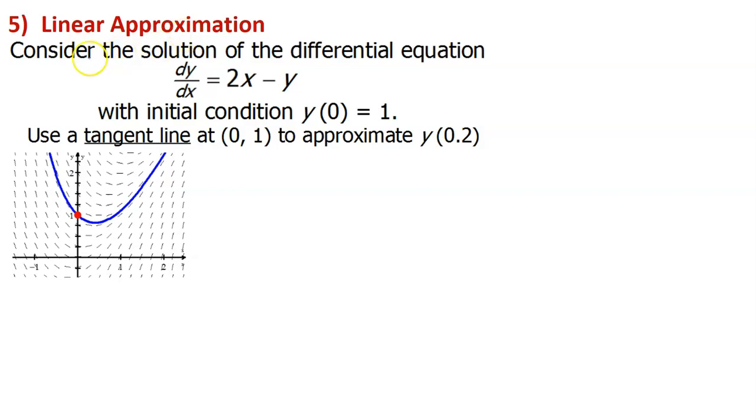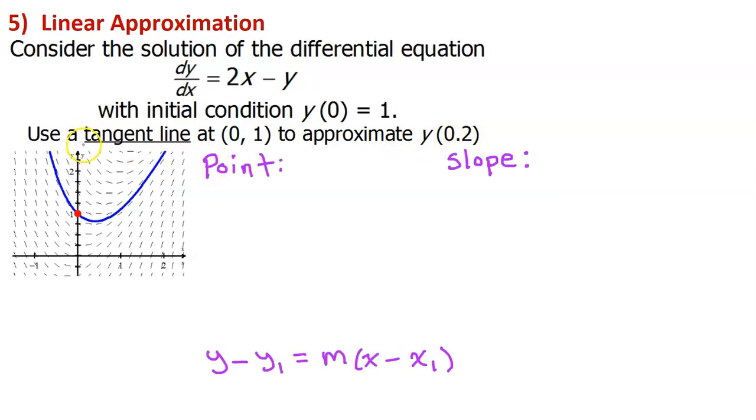Number 5. Consider the solution of the differential equation dy/dx equals 2x minus y, with initial condition y of 0 equals 1. Use a tangent line at (0, 1) to approximate y at 0.2. When they ask us to find the equation of a tangent line, we always use point-slope form.